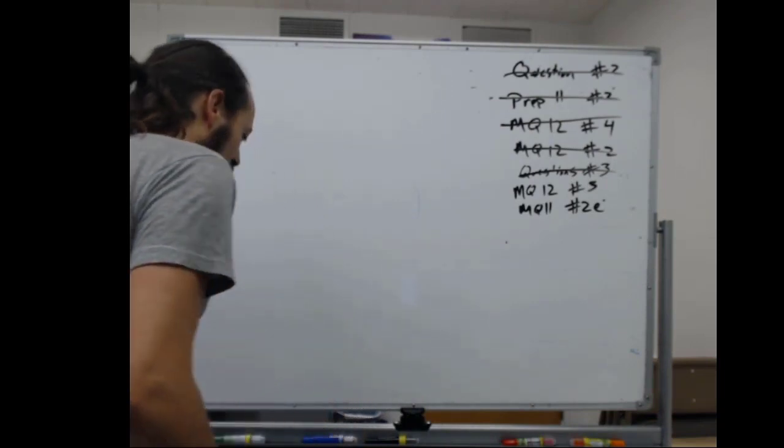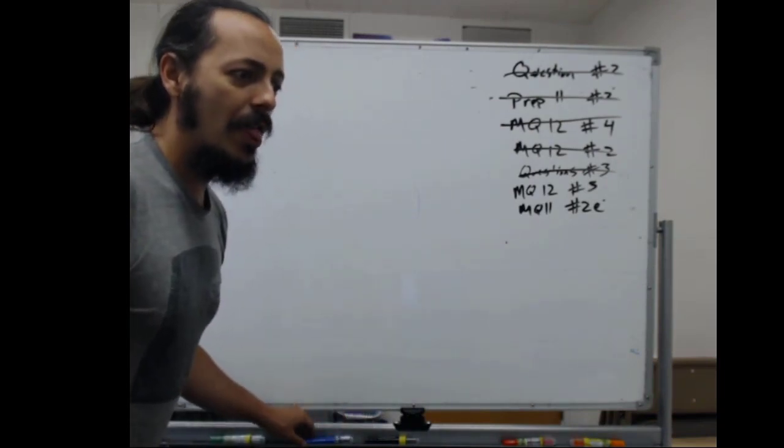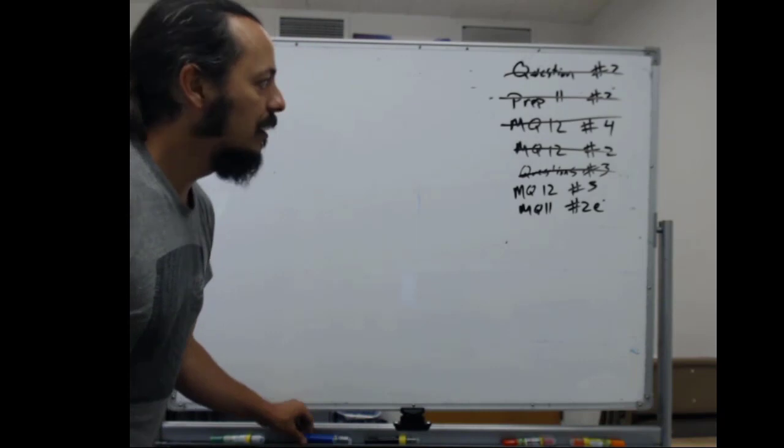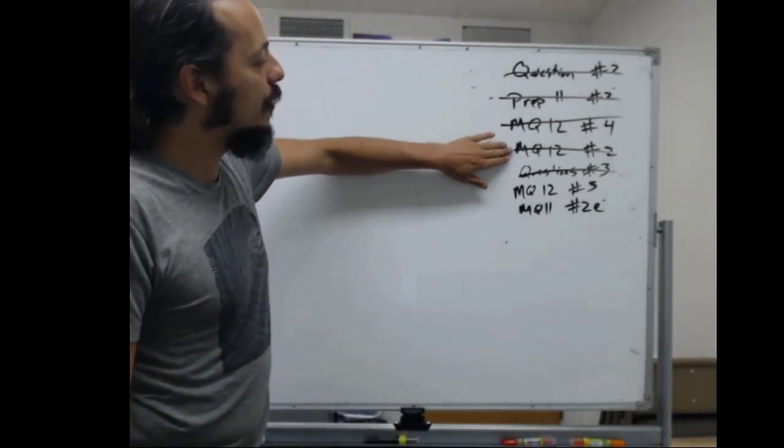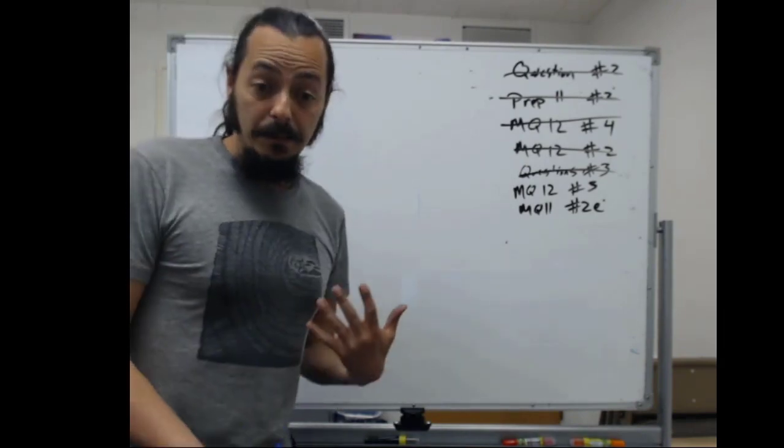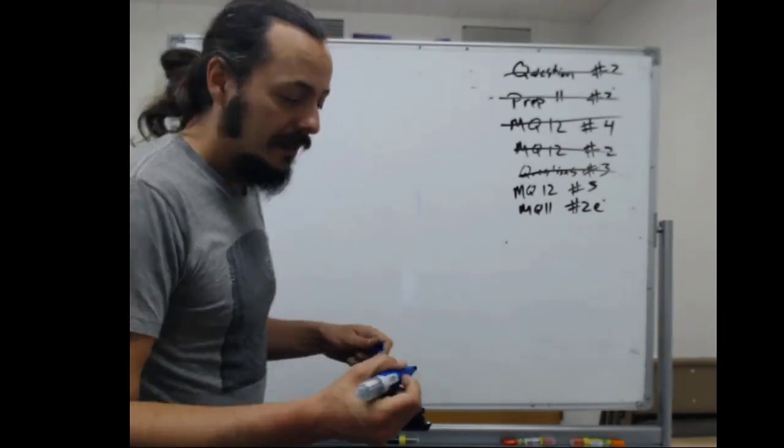So, what the heck is that talking about? This is actually going to harken back a little bit to Mastery Question 12, number 2, and the combustion analysis we've already done.